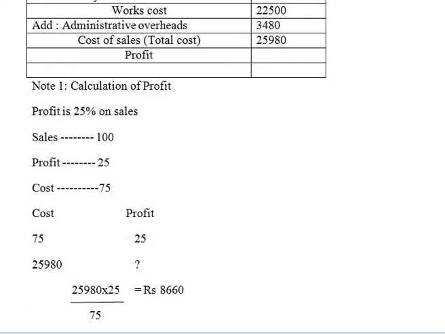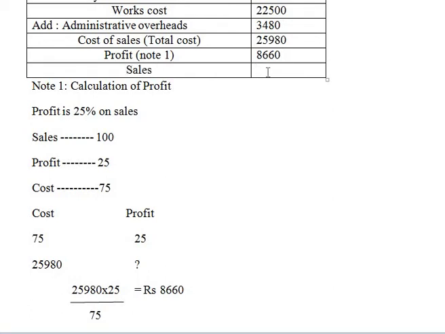Now write down here profit, in brackets you can write note 1. Profit is how much? 8,660. Now we can find out sales.